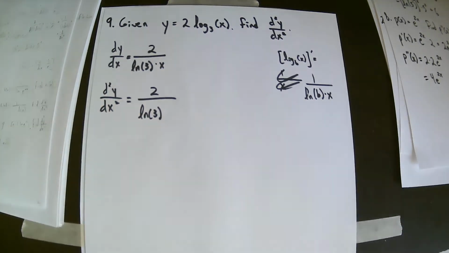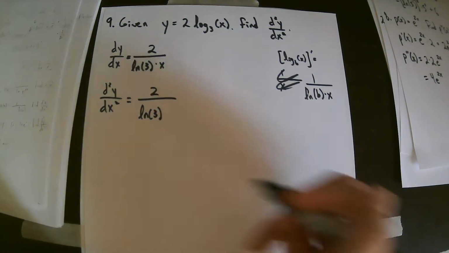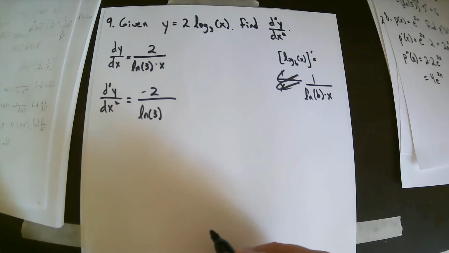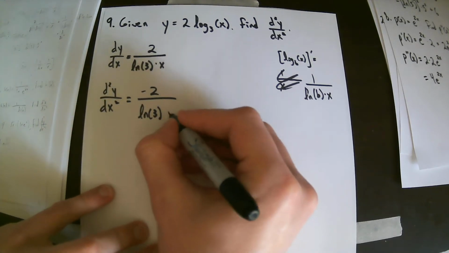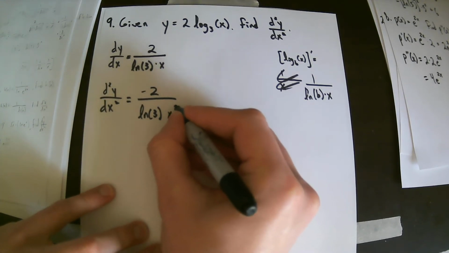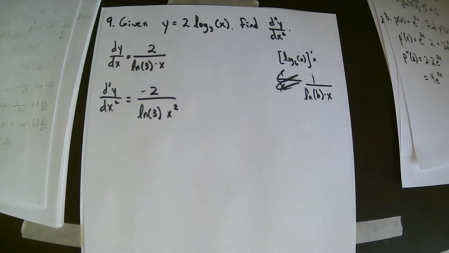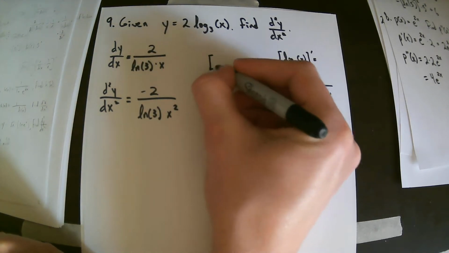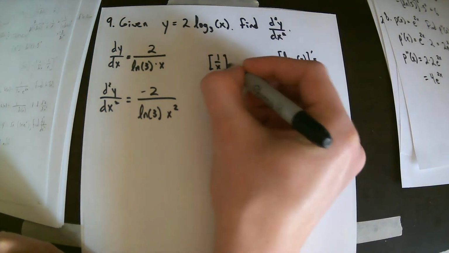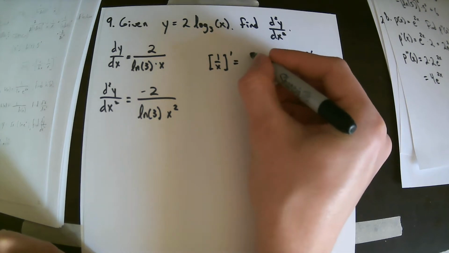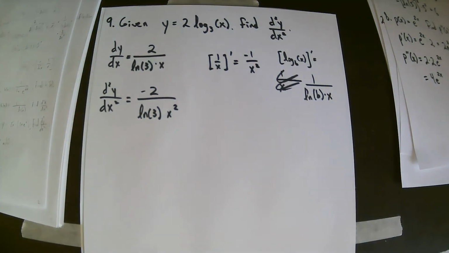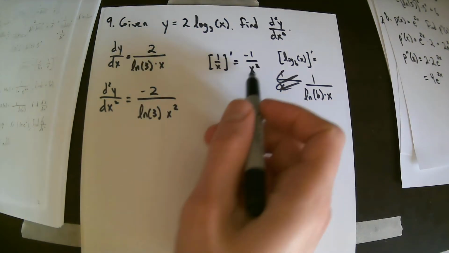So when I take the derivative of x to the negative 1, I drop that exponent down, which is just going to have the effect of making that 2 negative, and then take my exponent down by 1, so I'll have x squared. Just like that. So this is just some number attached to 1 over x. And remember, the derivative of 1 over x is negative 1 over x squared. So the negative coming there, and the x squared there.